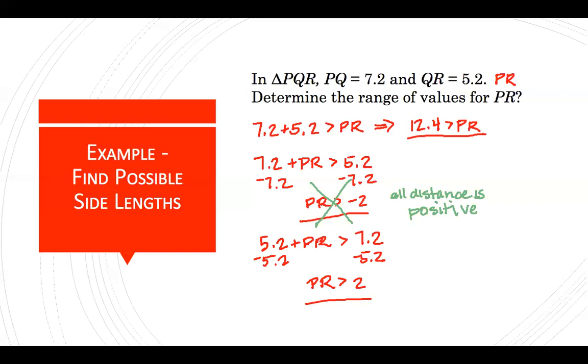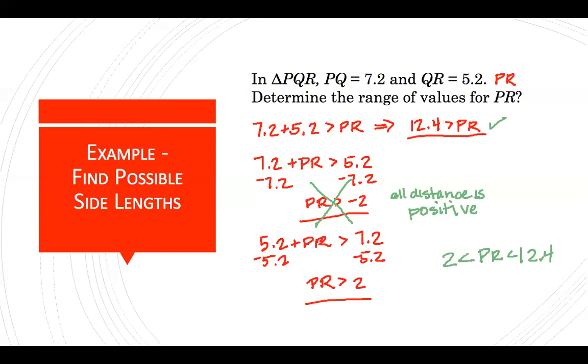Okay. So now I know that PR has to be less than 12.4, according to this one up here, but it has to be greater than 2.